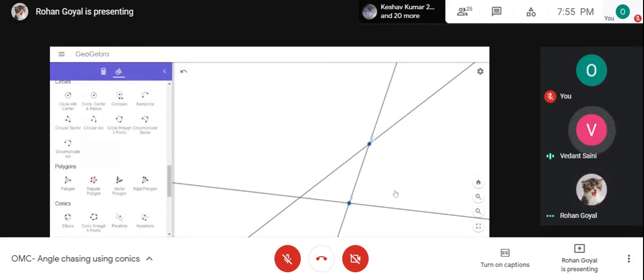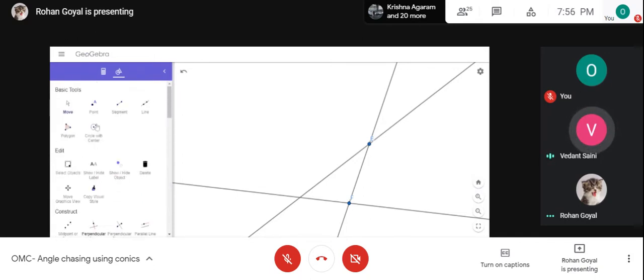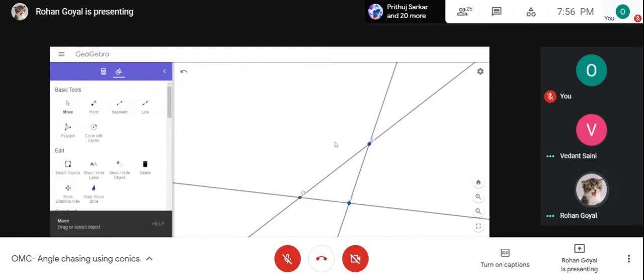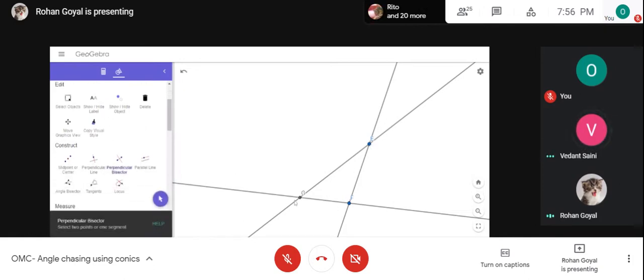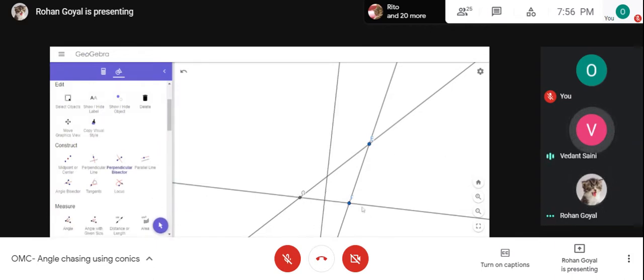Suppose we name the intersection as A, so the perpendicular bisector of GF will be linearly moving, and the perpendicular bisector of GE will be linearly moving. So their intersection must be linear, and so O must lie along a line.